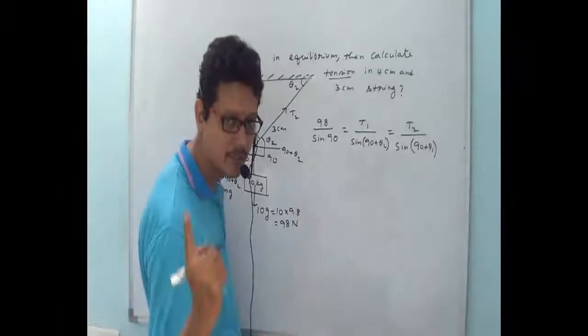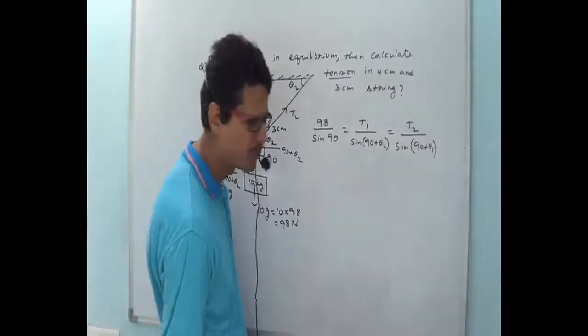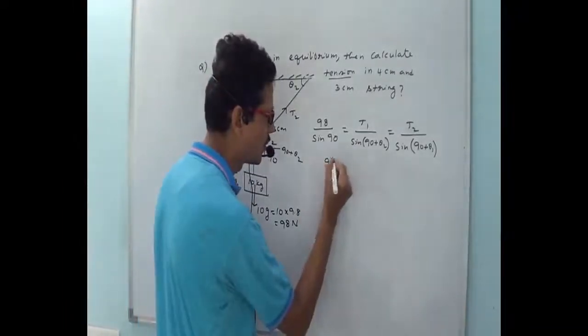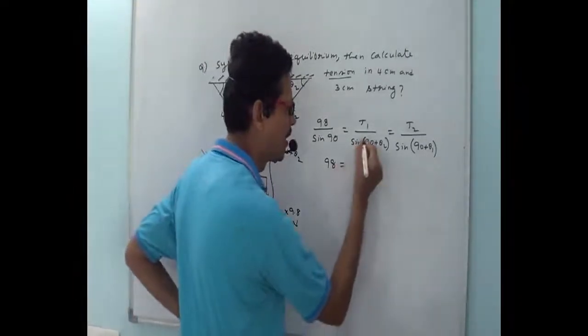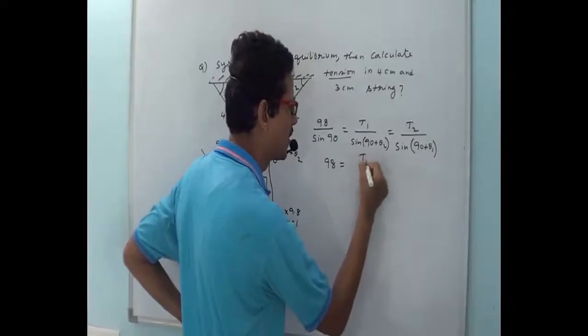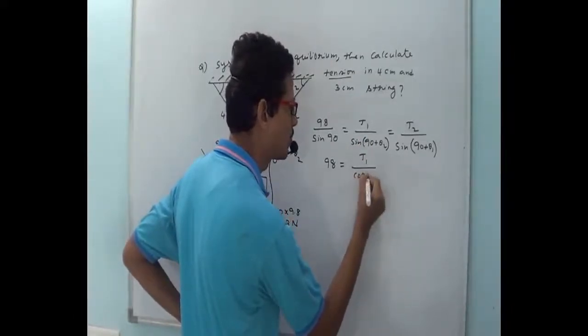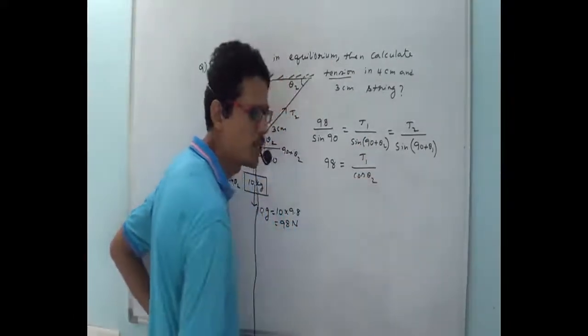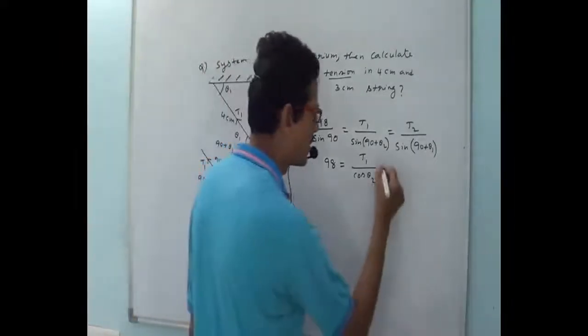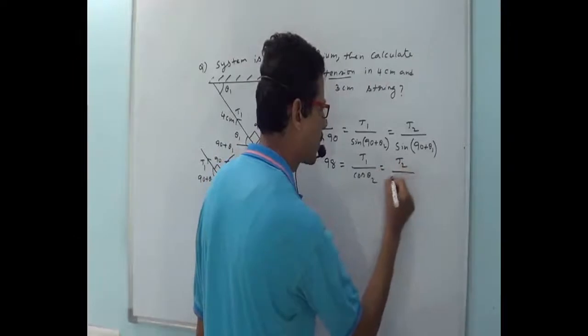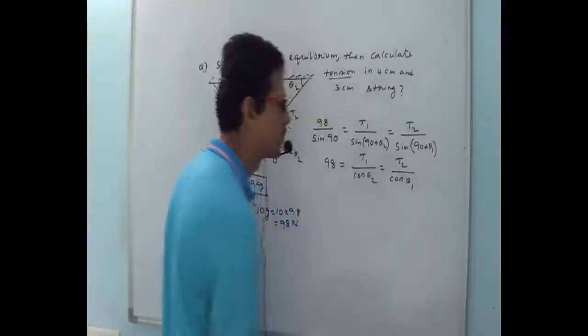What is sine 90? 1. Sine 90 is 1. And this is T1 divided by cos theta 2. Sine 90 plus theta is cos theta, na? And what is this? T2 divided by cos theta 1.